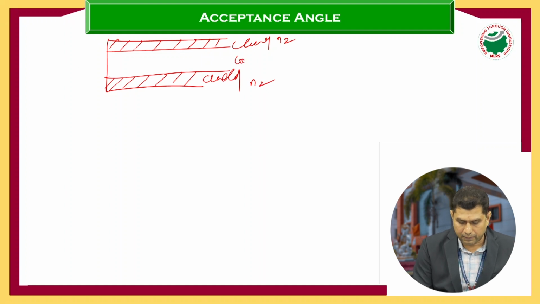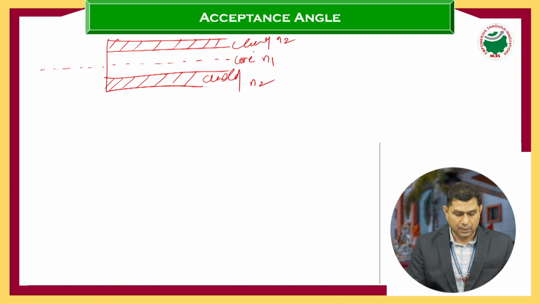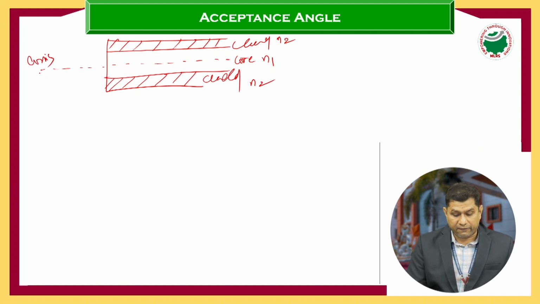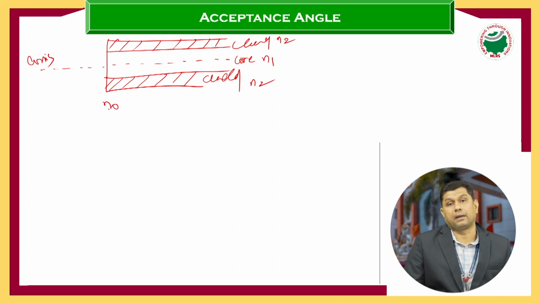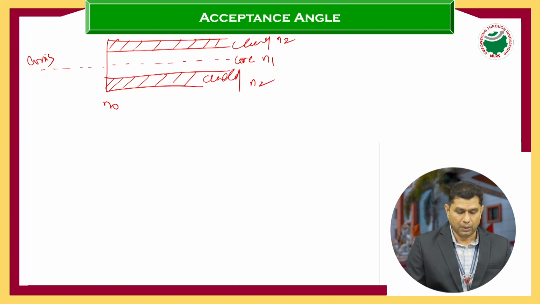Exactly one axis will be there at the center of the fiber. This is called the axis of the fiber. Let the fiber be present in a medium whose refractive index is N0. Sometimes this fiber may be present on the earth, other times in the oceans also, because the entire globe is connected with these optical fibers under the oceans also.